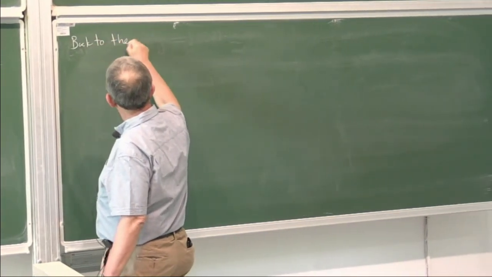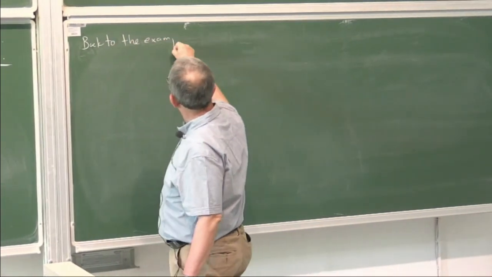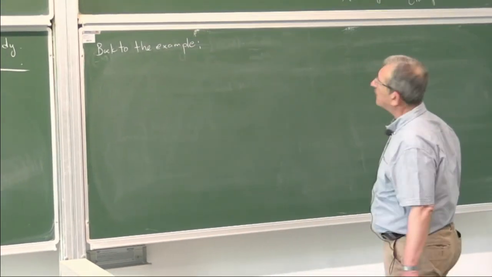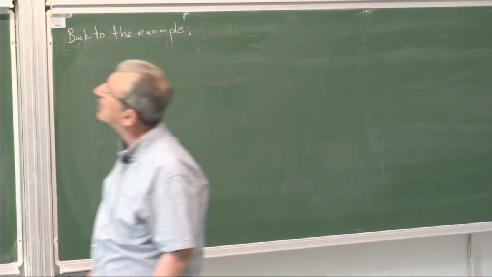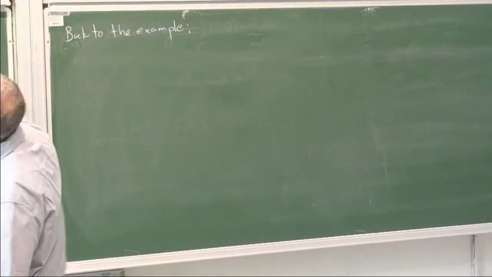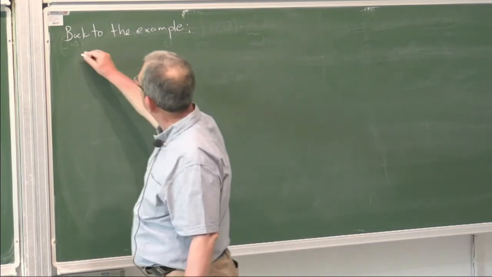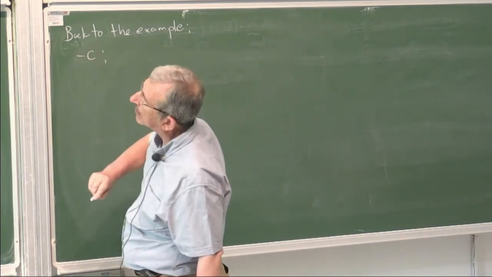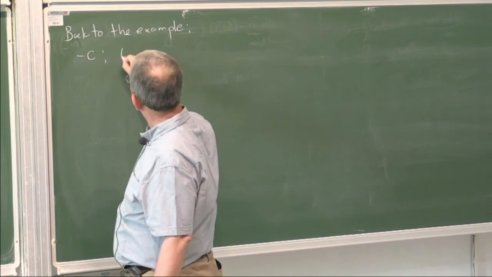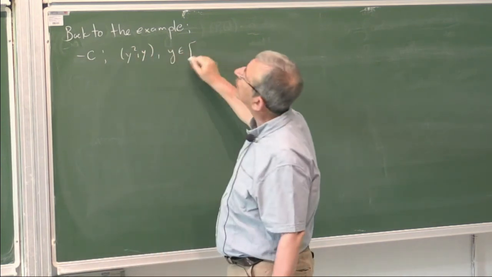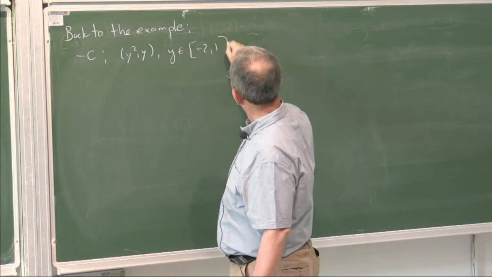We consider this parabola, and the parametrization for -C was y squared, y, and y changed from -2 to 1.